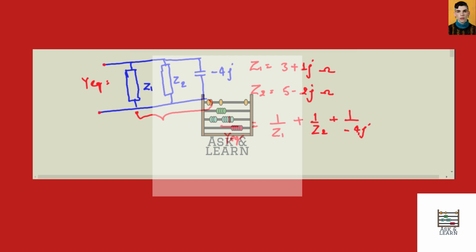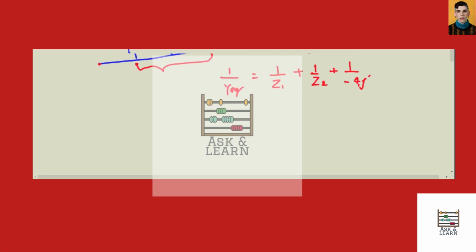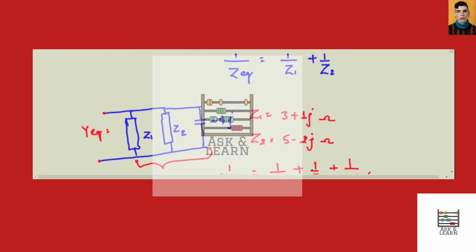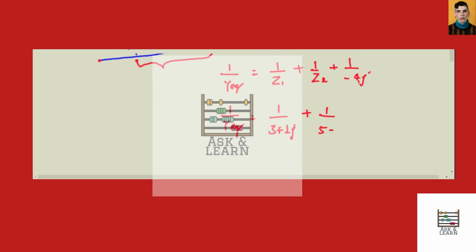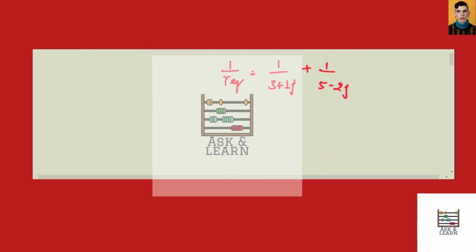Let's put the values. The value of Z1 is 3 plus 1J, so this becomes 1 upon 3 plus 1J. Similarly, Z2 is 5 minus 2J, so this becomes 1 upon 5 minus 2J. And the given minus 4J becomes 1 upon minus 4J.